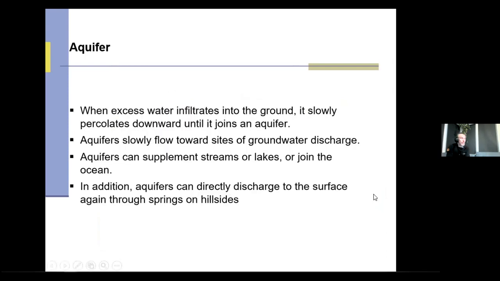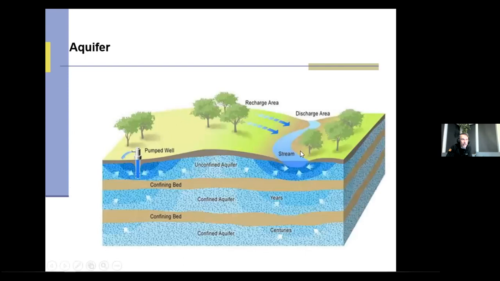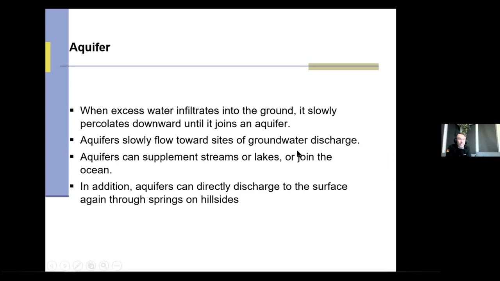All right. So when excess water infiltrates into the ground, it percolates towards this aquifer, or groundwater. That's what it is. Aquifers always flow towards the site of groundwater discharge. And we saw in that example in that picture that there was a pumped well. It can supplement surface water, and it usually does.